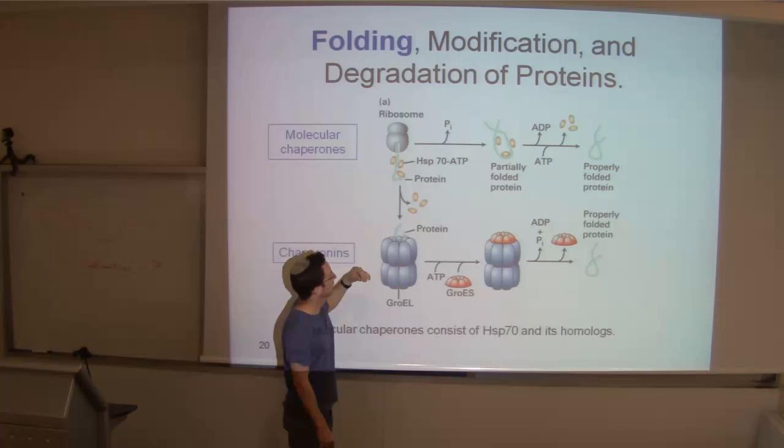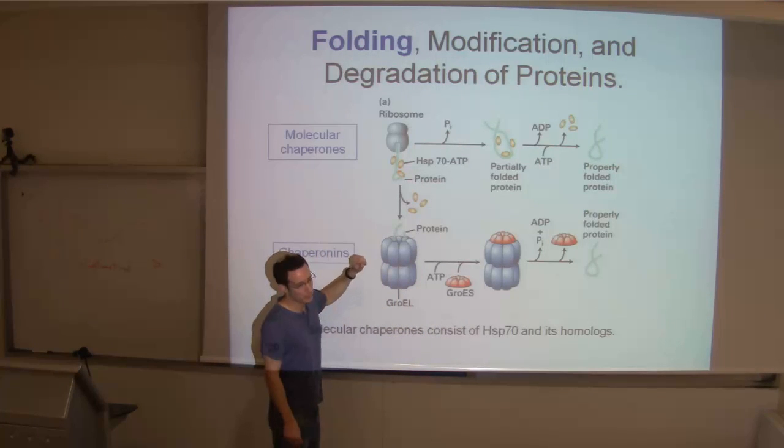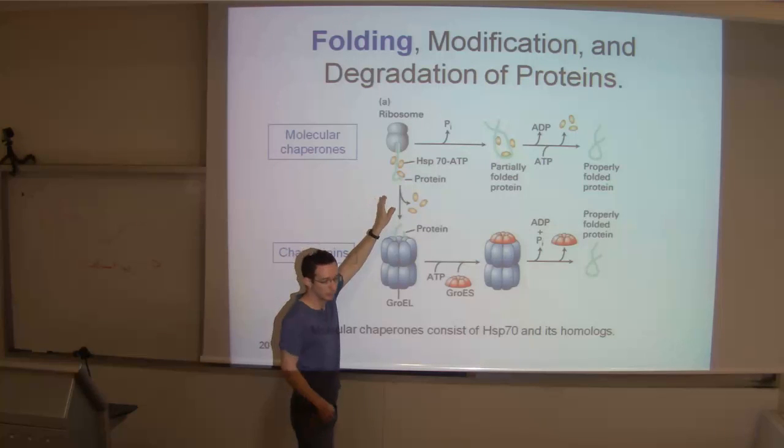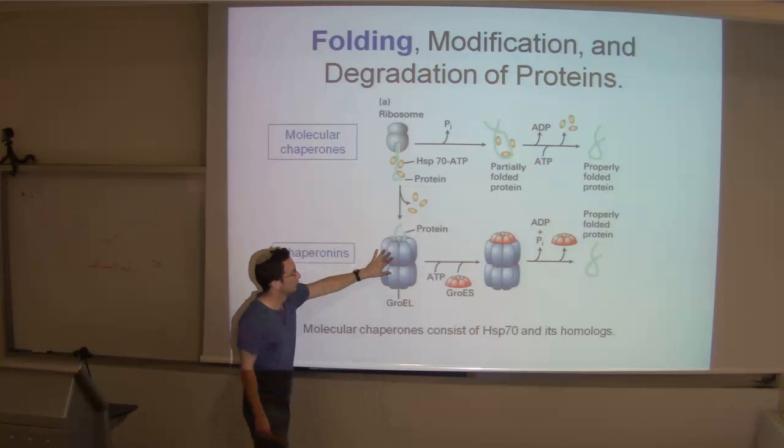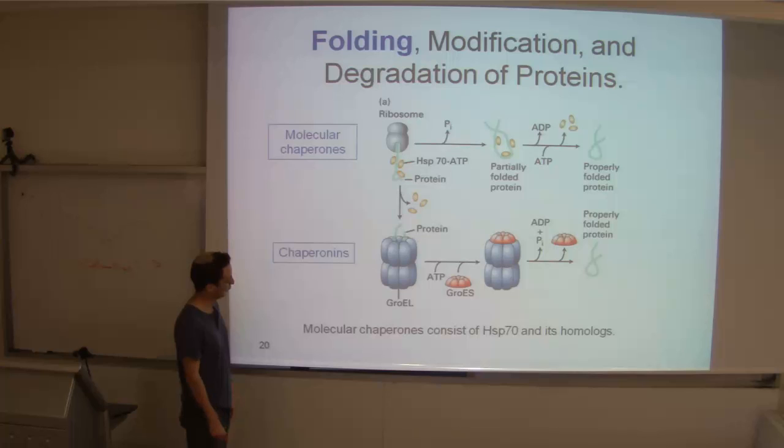For other proteins, the molecular chaperones again inhibit local improper folding, and in parallel guide the proteins to a big protein complex called the chaperonin.